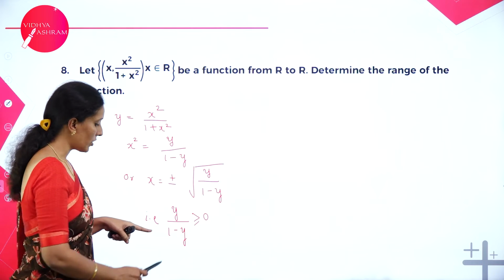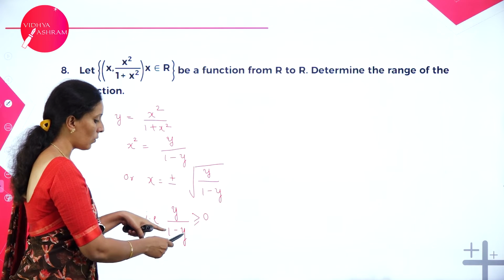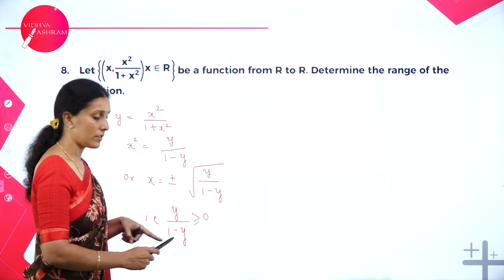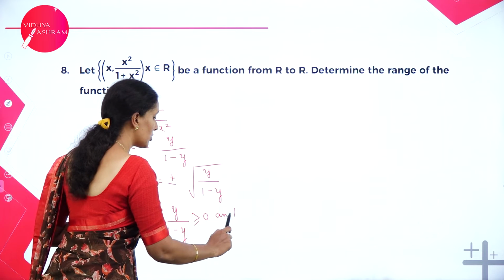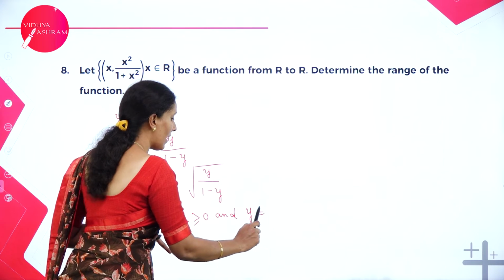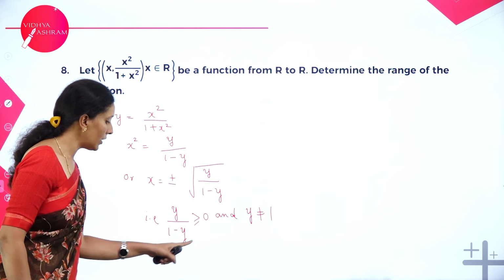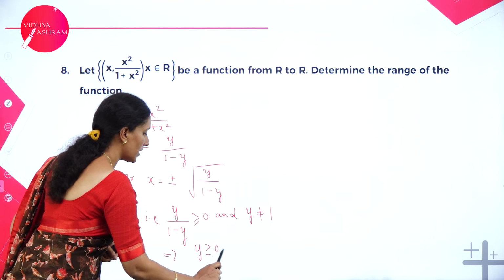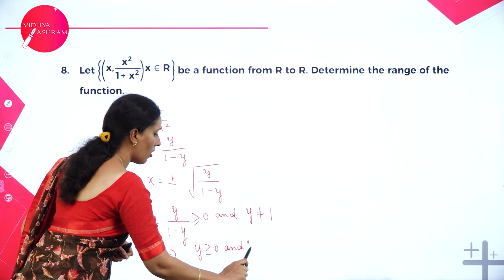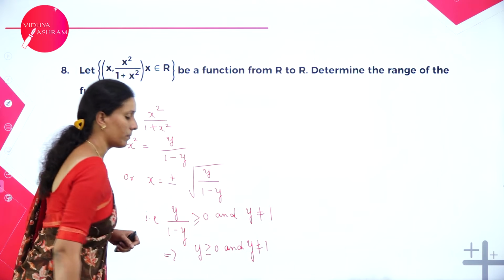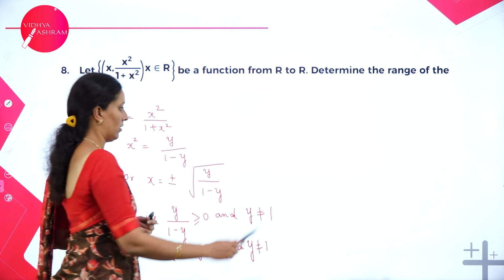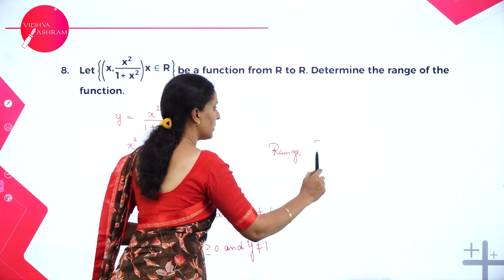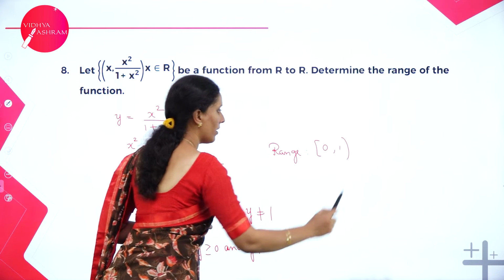Also, one more condition we have here: y cannot be equal to 1, because when y becomes 1 the denominator becomes 0. Therefore, y is greater than or equal to 0 and y cannot take the value 1. So the range of this function lies between 0 and 1.